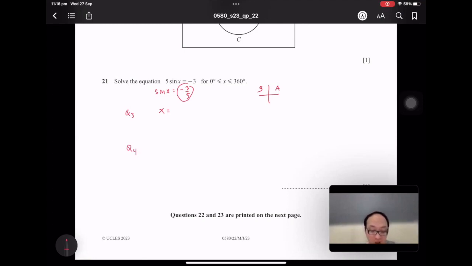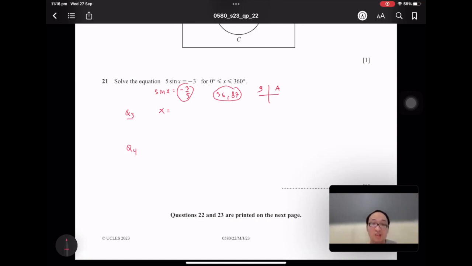For the third quadrant, we can ignore the negative sign to find the value. So it's sine inverse of 3 over 5. If we ignore the negative, the result will be 36.87. But since it's negative, we have to find the angle in quadrant 3. So this is the basic angle, the acute angle in the first quadrant.